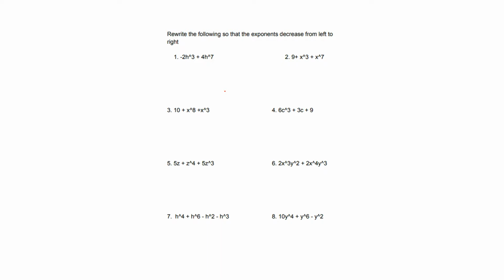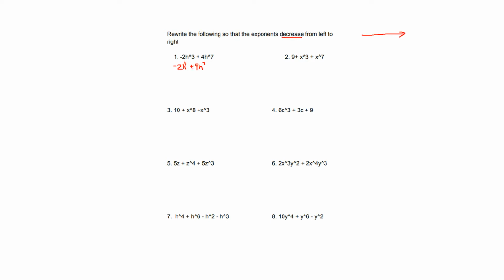The next section here is rewrite the following so that the exponents decrease from left to right. So if it's decreasing from left to right, it means that the biggest exponents should be at the left, the smallest exponent should be at the right. So number 1 is negative 2h cubed plus 4h to the power of 7.